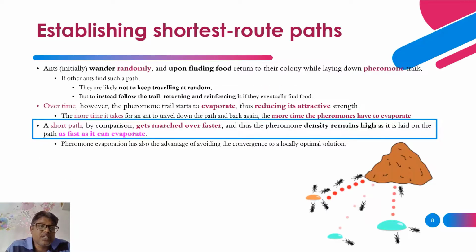Here you see the ants initially start from the nest and go around randomly. For example, if this is the ant nest, first of all, it has to choose the colony, that is the area it has to visit.